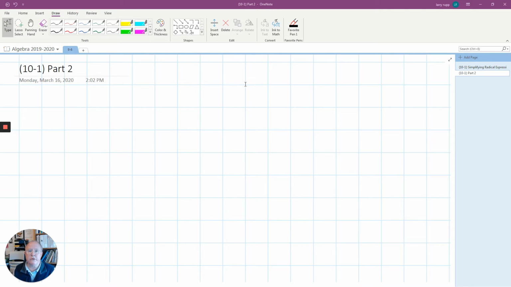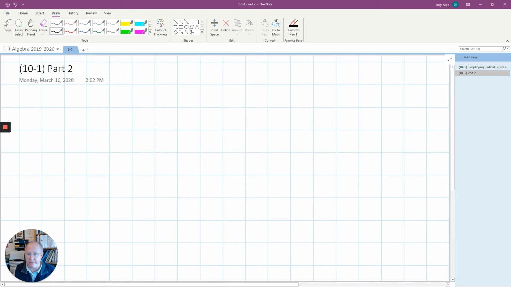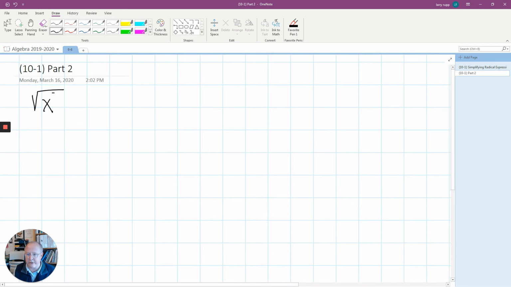Okay, next we're going to go over something that's a different property of square roots. And it's a little confusing to some people because it has to do with what you end up with once you take the square root of something. So let's take the square root here of x squared.